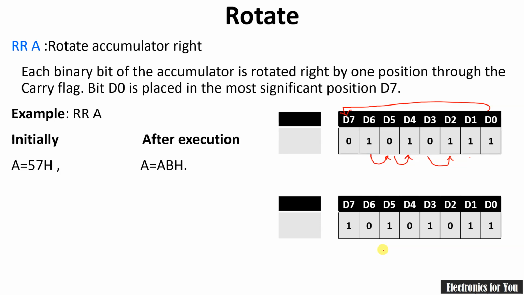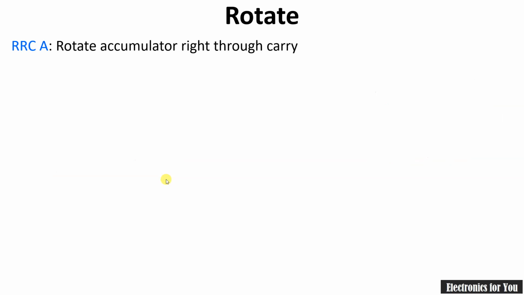If initially 57 is in the accumulator, after execution the accumulator will contain AB as its content. This is the RR instruction.